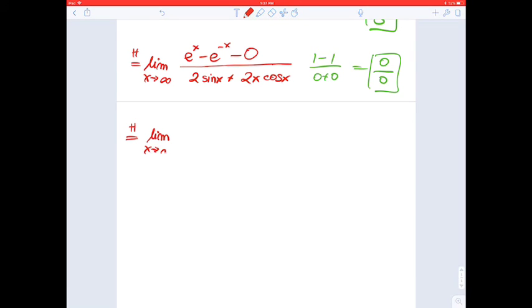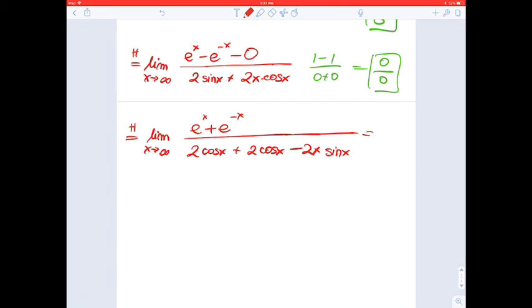Let's see. Limit as x goes to 0. Derivative of e to the x, e to the x. E to the negative x is negative e to the x, which will become positive. And then derivative of 2 times sine of x is 2 cosine of x. And another product. Derivative of 2x is 2 times cosine of x, plus 2x, derivative of cosine is negative sine of x.